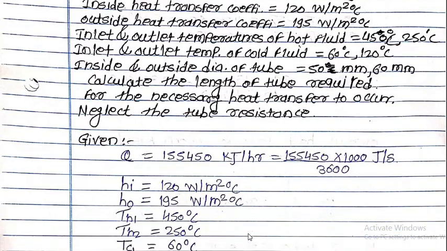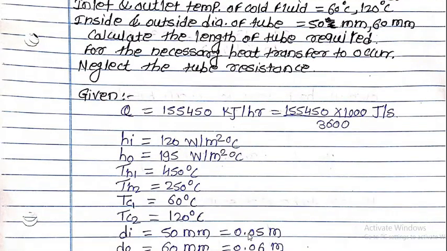So from the problem given we can write, the heat transfer rate is provided in kilojoule per hour, that is 1,55,450 kilojoule per hour. So we need to convert this unit into joule per second. First of all, for converting kilojoule into joule we have to multiply by 1000, and for converting per hour into per second we need to divide by 3600.